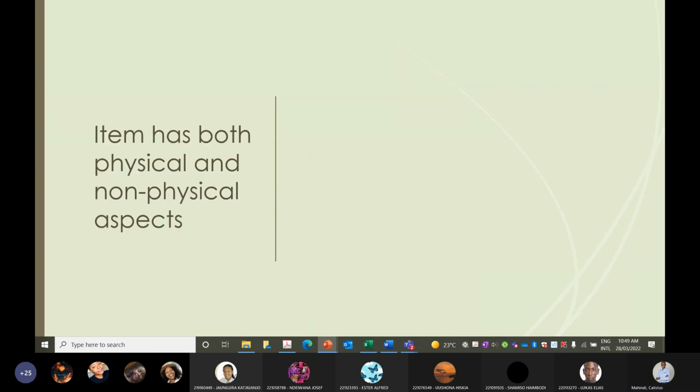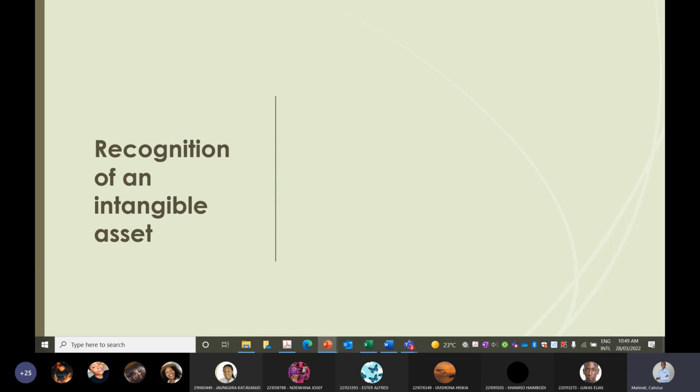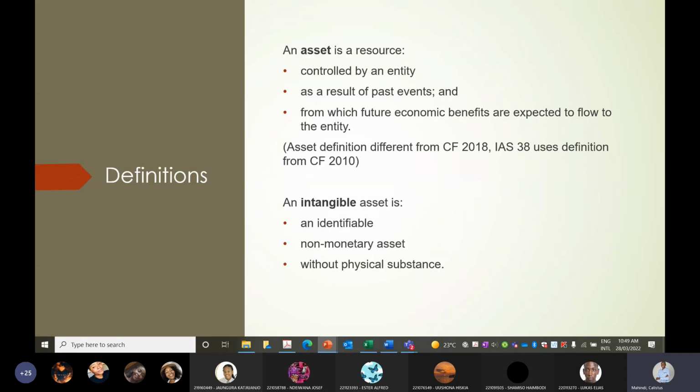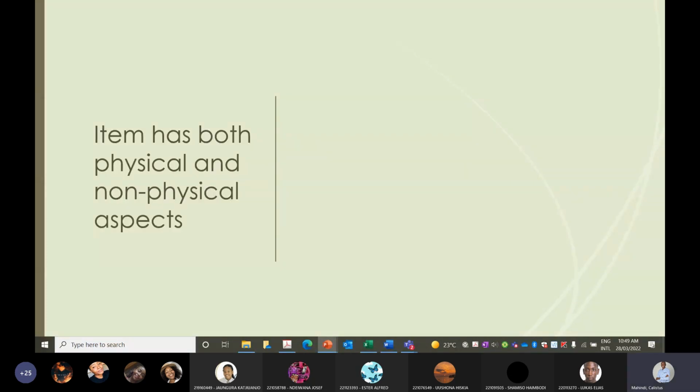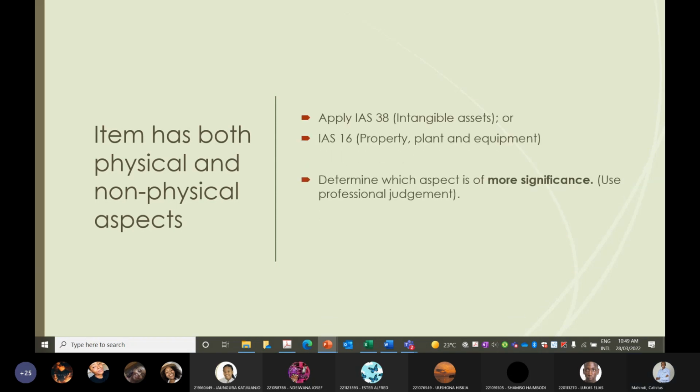So let's go back to the definition of an intangible asset. We say it's an identifiable, non-monetary asset without physical substance. But then it might be that an item has both physical and non-physical aspects. What happens in this instance? You have to choose whether you're going to apply IAS 38 Intangible Assets or IAS 16 Property, Plant and Equipment.